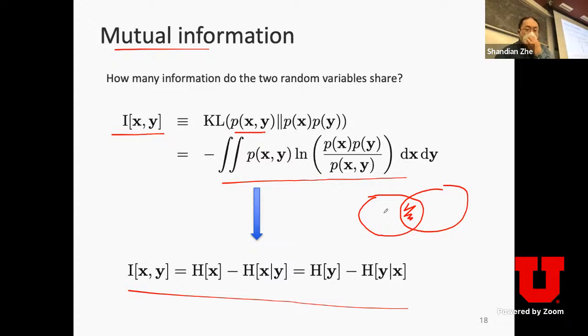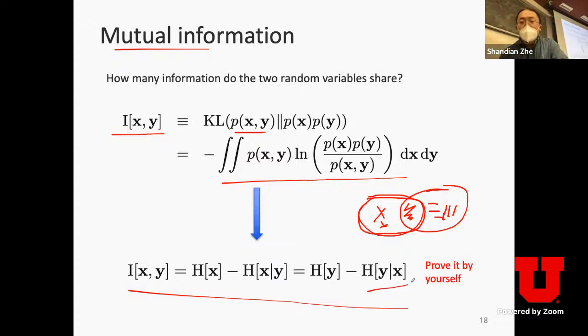The area of the overlapping part can be computed by subtracting the conditional entropy, which is this part, from the marginal entropy of this variable, or the marginal entropy of the other variable subtracted by the conditional entropy on the other side. Again, I suggest you try to prove this.